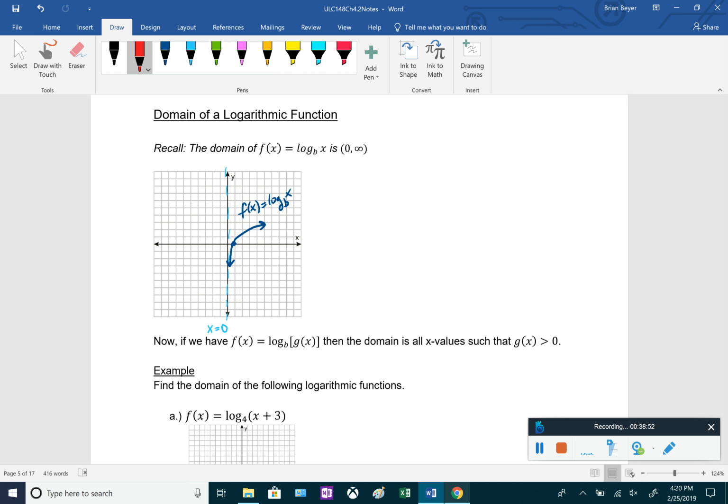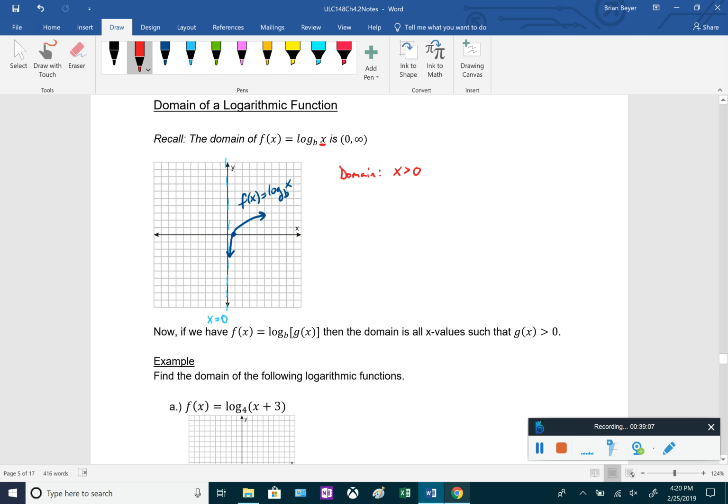So what that means is, for log base b of x, the domain is when x is greater than 0, right? So that's the same thing as the domain being 0 to infinity.